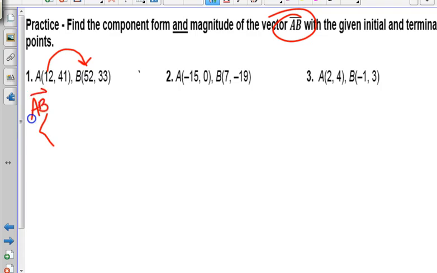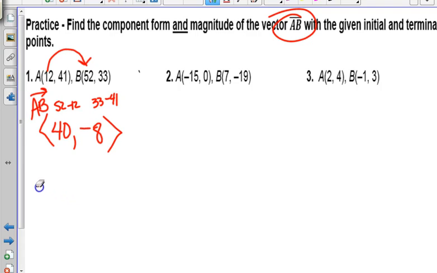Vector AB has components 12 to 52 went positive 40. You can do 52 minus 12 if you want. 41 to 33 went down, right? 33 minus 41, -8. Thank you. Those are the kind of subtraction problems I get wrong.